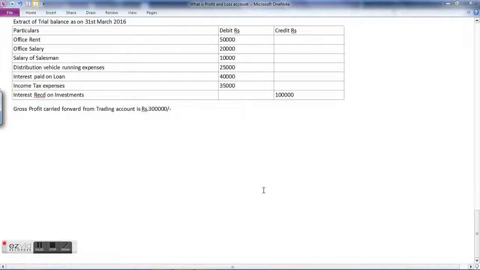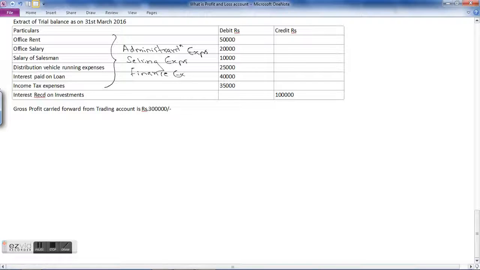Now all the accounts that are showing debit balances here are all indirect expenses. That is, either they are your administration expenses or they are part of your selling and distribution expenses or finance expenses.